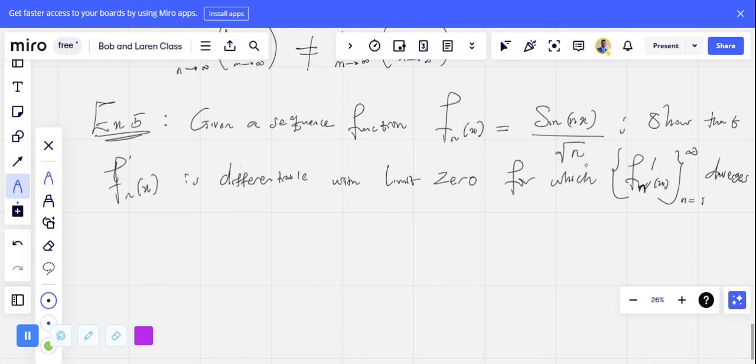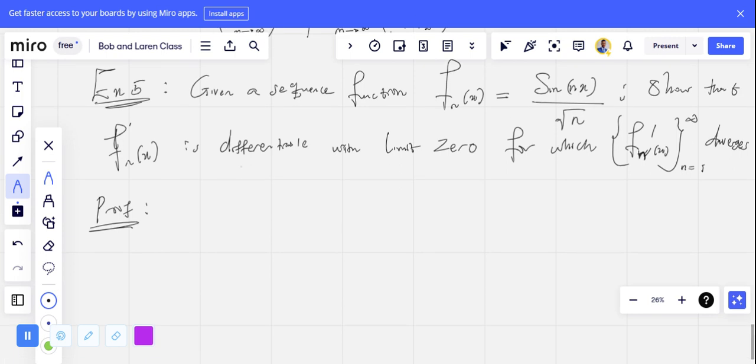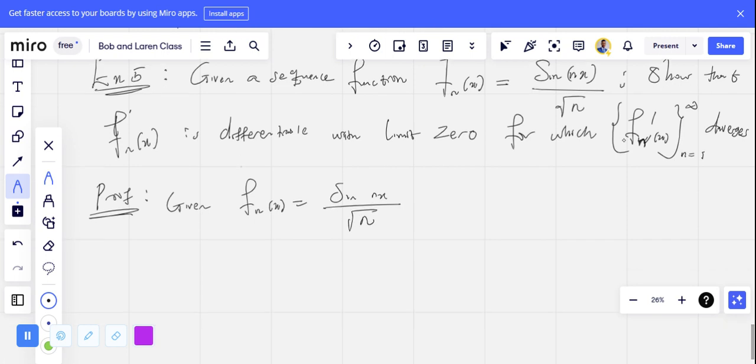No. So let's confirm. Now to prove this kind of example, we start by saying we are given f_n(x) equal to sin(nx) over the square root of n. Show that f_n(x) is differentiable, right?